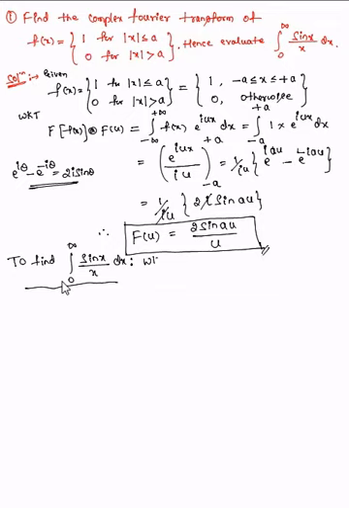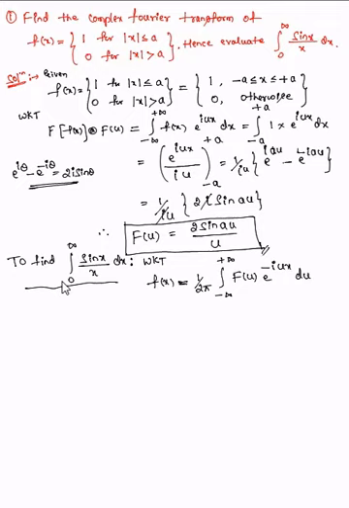We know the formula of the inverse Fourier transform: f of x is equal to 1 by 2 pi, integral from minus infinity to plus infinity, f of u into e power minus iux into du. So this is the formula for the inverse Fourier transform.